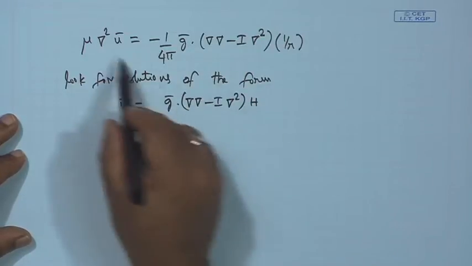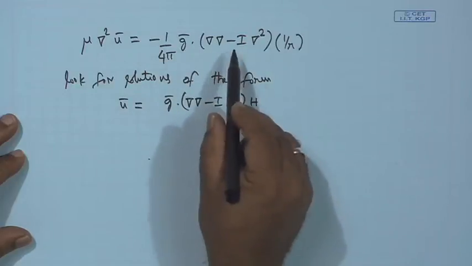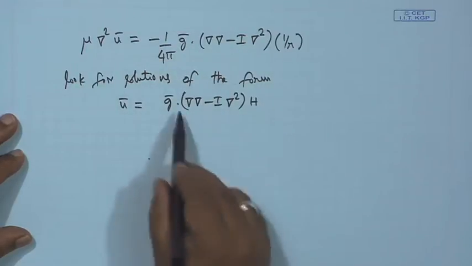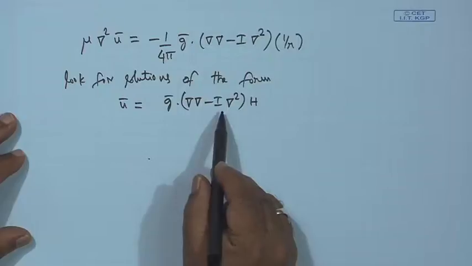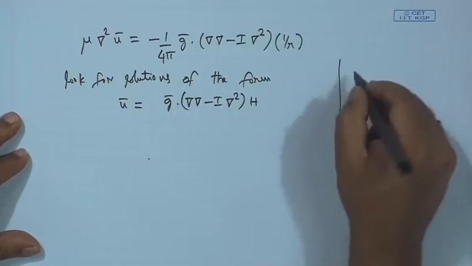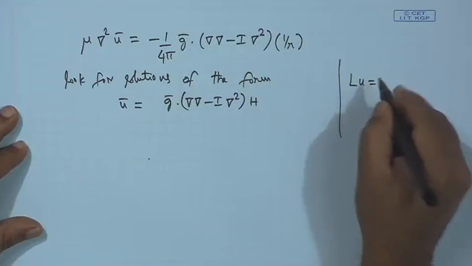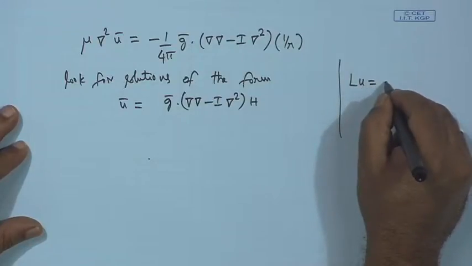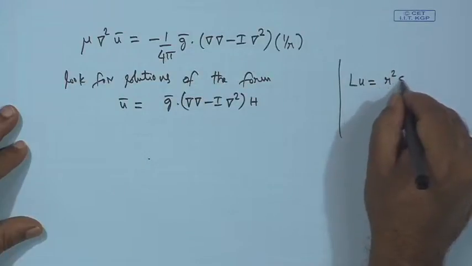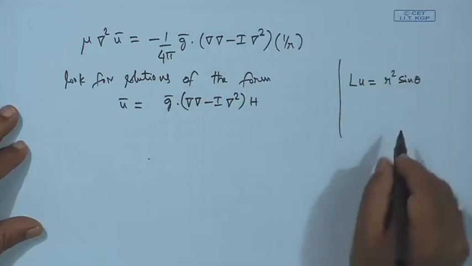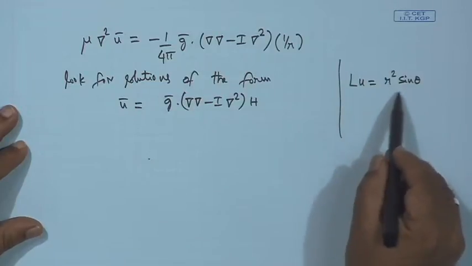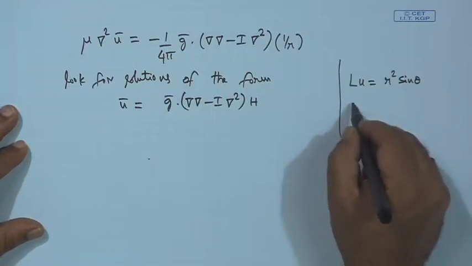That means, by looking at the structure of this, we are looking for solutions of this form. Okay. So, this is similar to, let me explain. Suppose we have an operator L u equals, let us say, we have r square sin theta. So, let us call Stokes flow past a sphere, a similar structure we have. Then what we are doing?